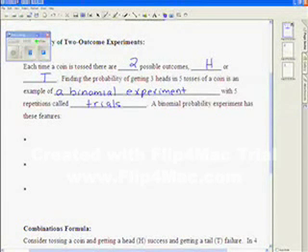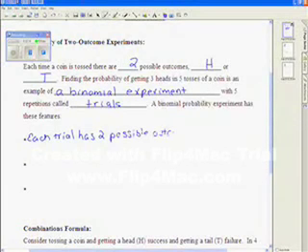Okay. A binomial probability experiment has these factors. Each trial has 2 possible outcomes: success and failure.